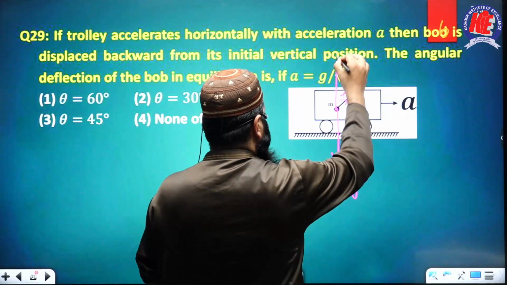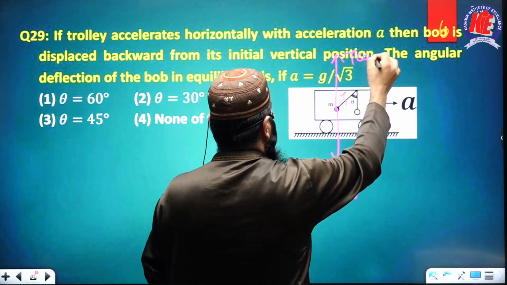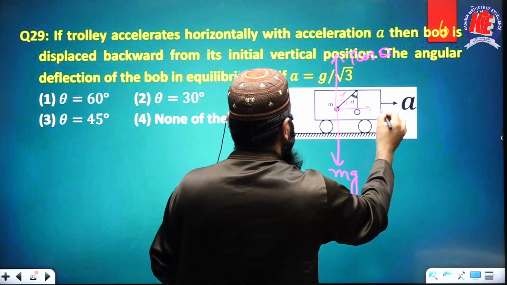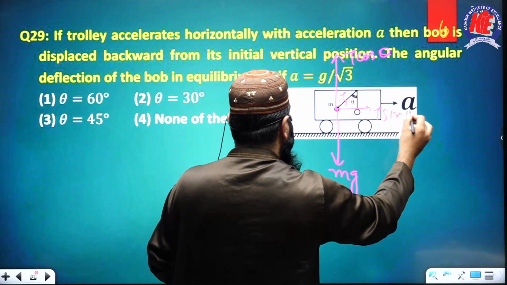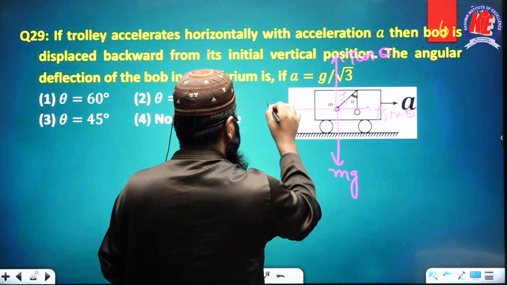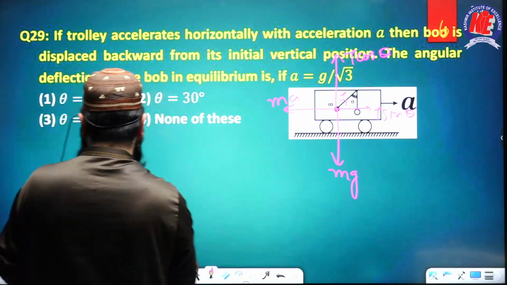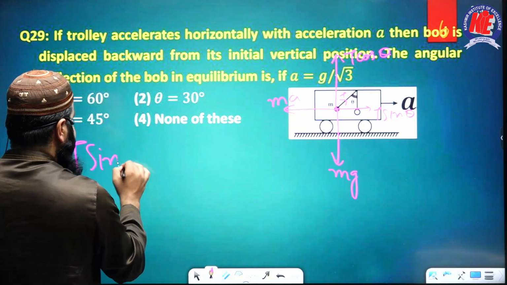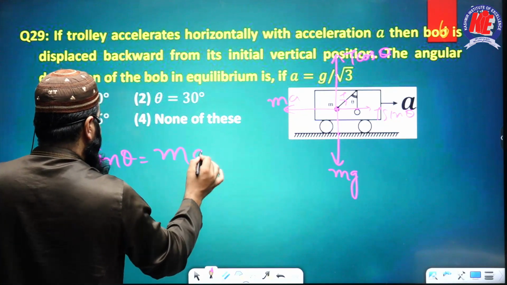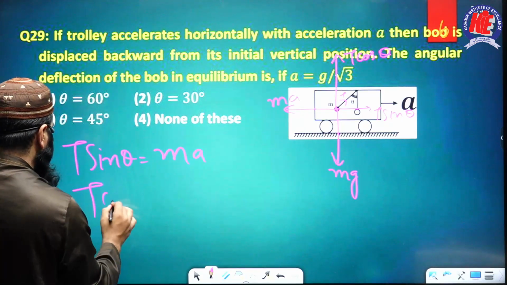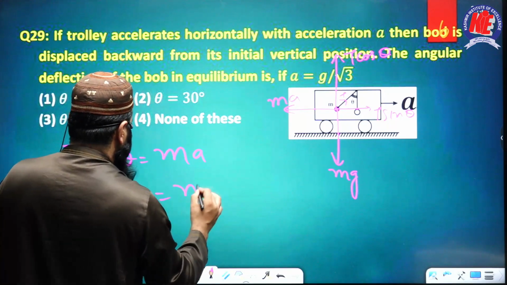You can resolve the T into components, T cosine theta and T sine theta. Then in the reference frame of the cart, you have to consider the pseudo force as well, that is ma. And in equilibrium, T sine theta will be equal to ma and T cos theta will be equal to mg.